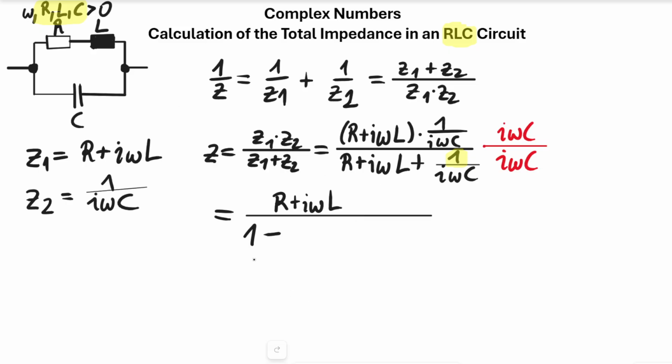So we start with omega squared. Then there is no R, then we need the L, which is here, and 1 C, plus the last part. So we multiply this with that one, the resistor with I omega C. So we start with the complex number I omega and then R and C. So same order as given here.